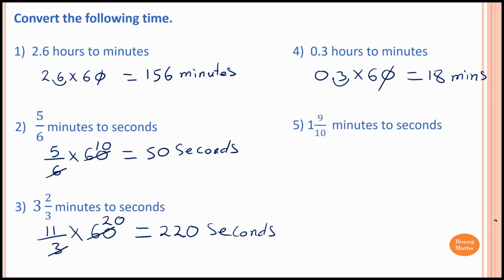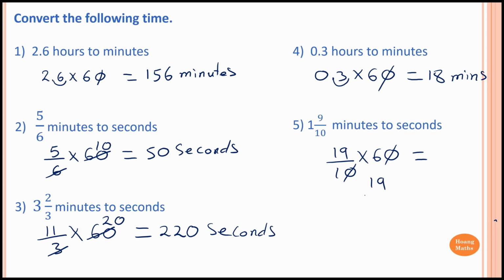So next one, 1 and 9/10 minutes to seconds. So again, we convert this into an improper fraction first. So 10 times 1 is 10, add 9 is 19. So we write 19 over 10 times 60. So we cancel this out. So that becomes 19 times 6.